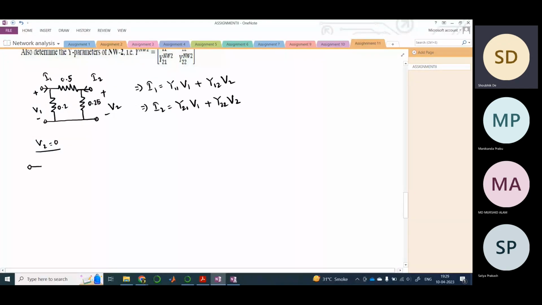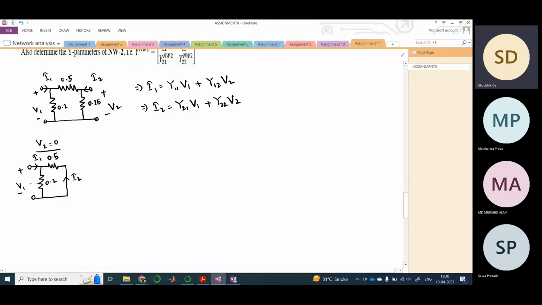So we need to short it. As soon as you do that, this thing will get shorted, and as a result, this 0.25 resistance will get nullified, right? So this is port 2, this is again I2, this is I1, and this is V1.